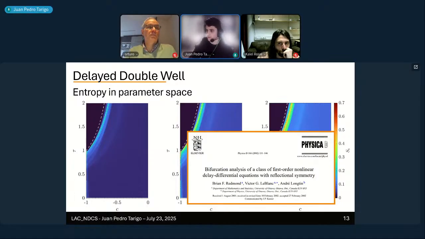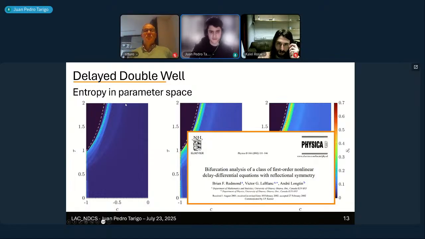oscillations are born. So in this system, you have the Hopf bifurcation that is the point where the two fixed points become unstable. But you also have a bifurcation prior to that where the oscillations are born.